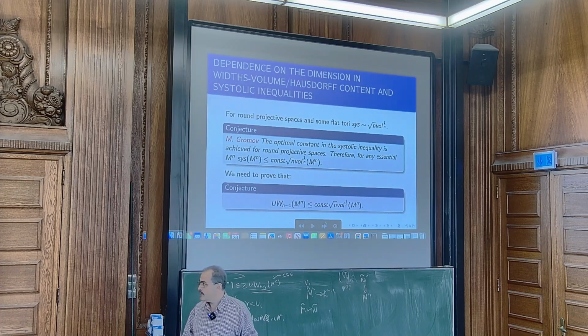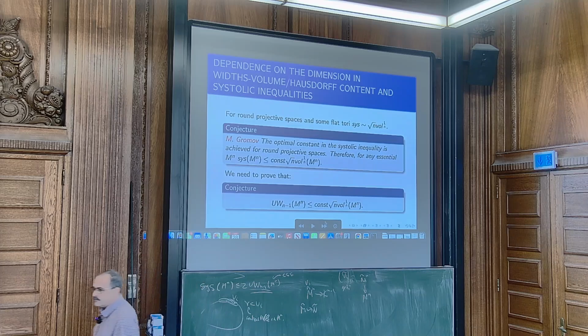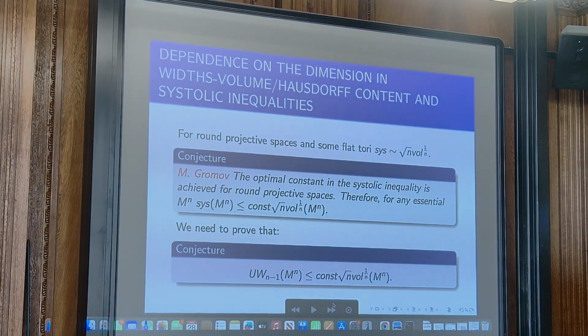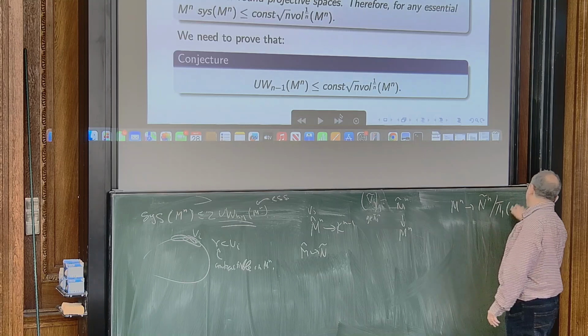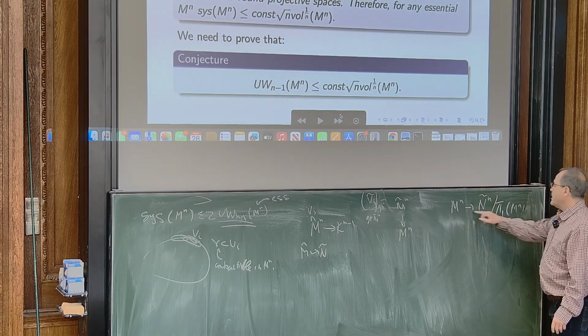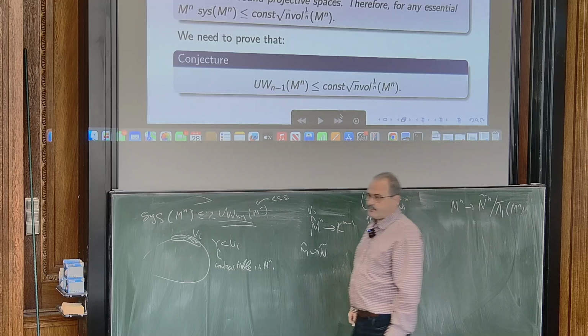Yes? So what is the conclusion, that we get the map from the universal cover to the nerve? So we get a map from the universal cover to the nerve of this covering. This nerve is denoted by n tilde. It's very easy to check that when we go down, when we map M to the quotient of this nerve by the free action of the fundamental group, it induces a monomorphism of fundamental groups.